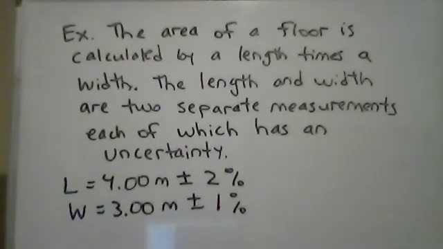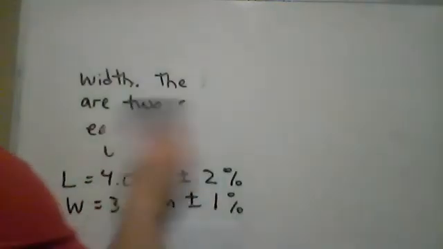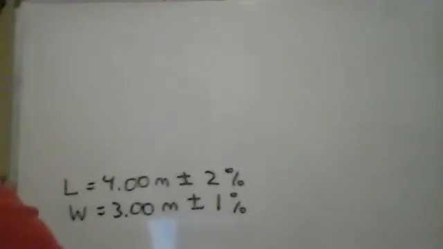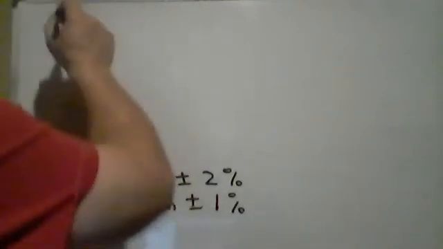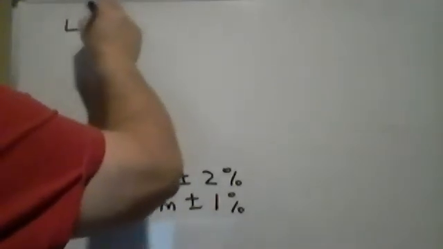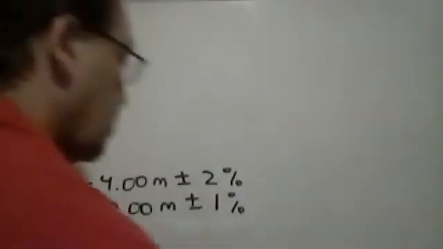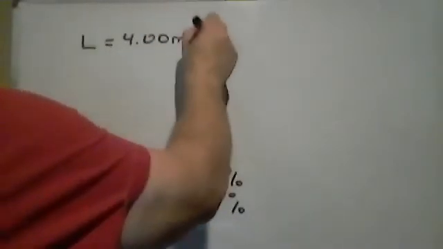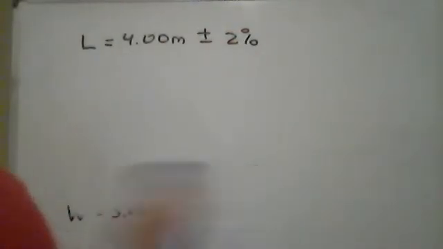Well, one of the things you can do is there's a little shortcut. I'm going to kind of show you both ways. Again, this is really important when you have multiple variables. And this is true if the percentages are not too big. So again, the length of my floor is 4 meters plus or minus 2%, and the width is 3 meters plus or minus 1% in my example.